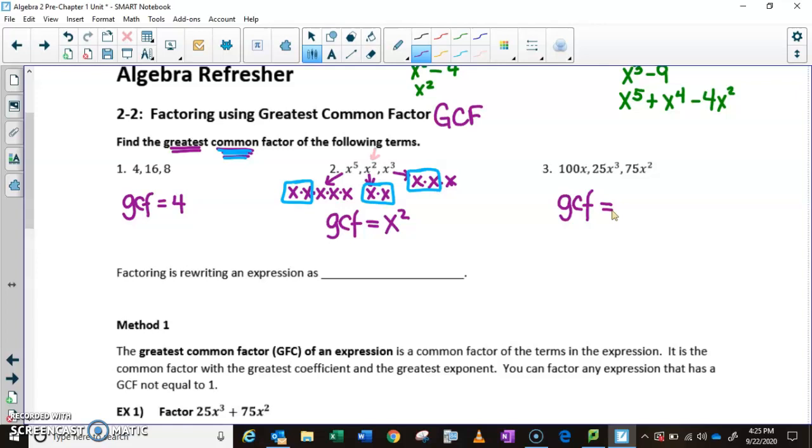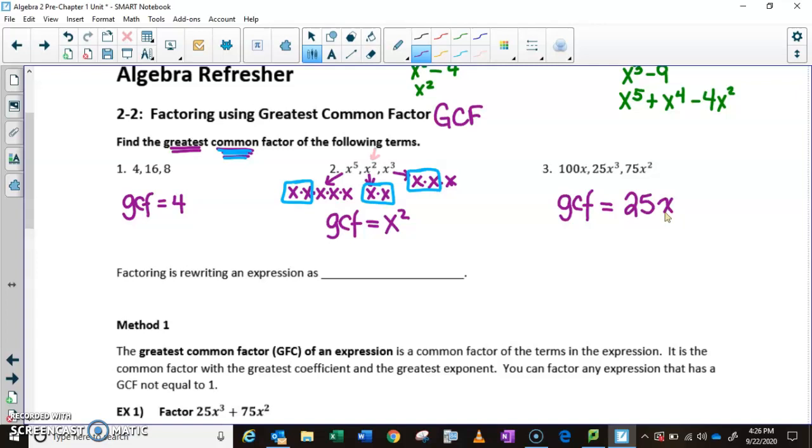So that's 4 quarters, 1 quarter, and 3 quarters. So I know 25, 1 quarter, is my greatest common factor. Then look at the variable parts, 1 x, 3 x's, 2 x's, and they each have at least 1 x. So my greatest common factor is 25x.